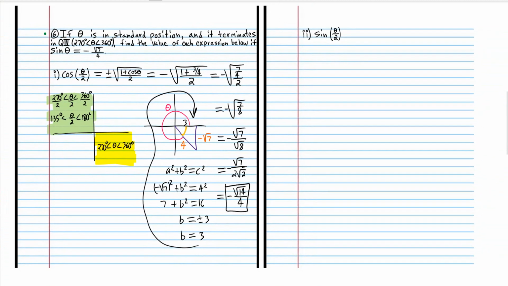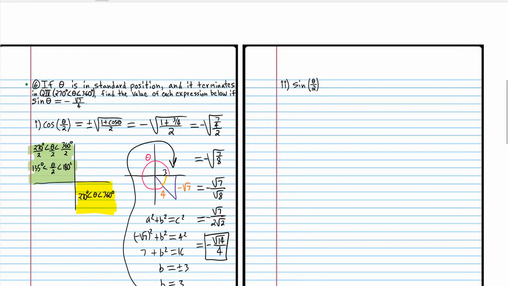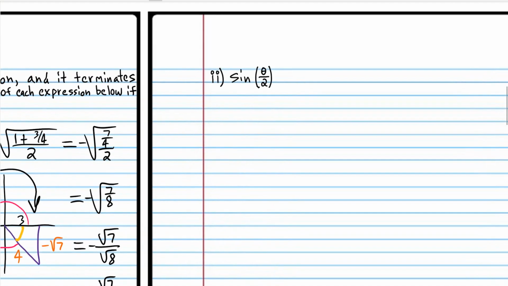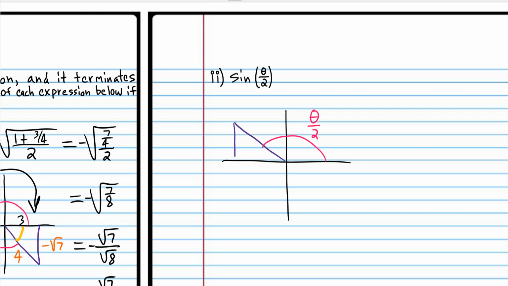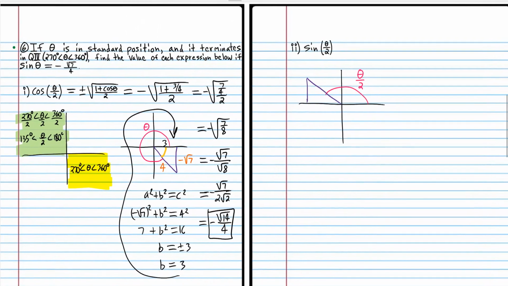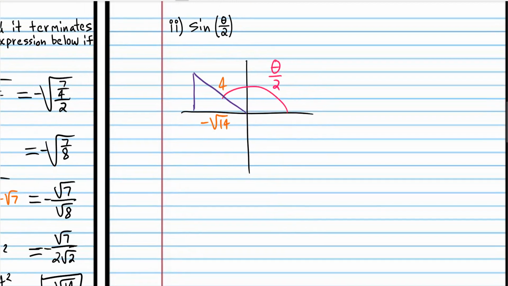Now let's find sine theta over 2. We can use this information here. We know theta over 2 is in the second quadrant. So we can draw a hypothetical triangle. And we know that cosine theta over 2 is negative root 14 over 4. So now let's use the Pythagorean theorem to find the missing side.